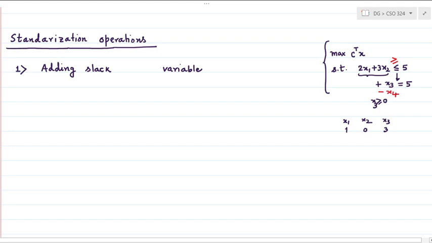This x4 variable is again restricted by x4 greater than or equal to 0, then only equality to 5 can happen, and thus it is called the excess variable or surplus variable. So adding a slack variable, or subtracting a surplus variable.